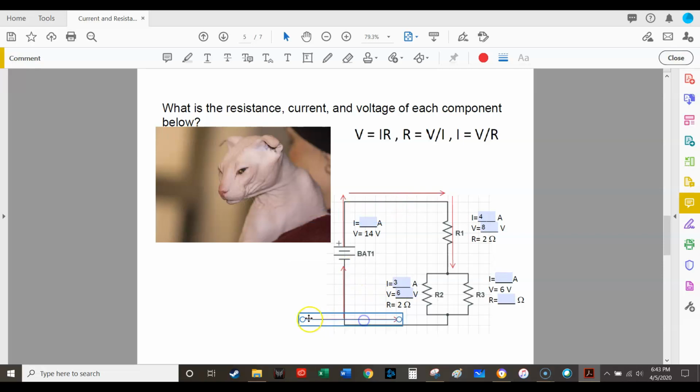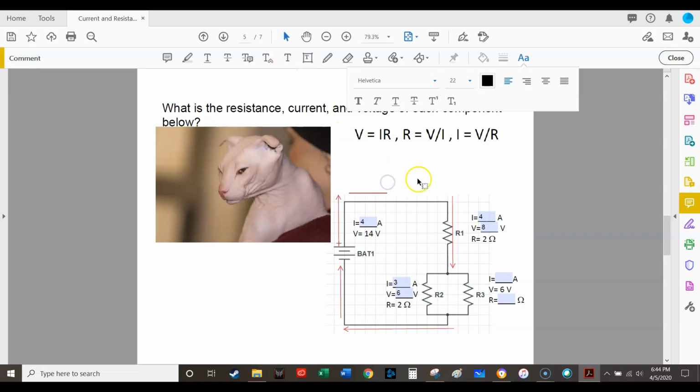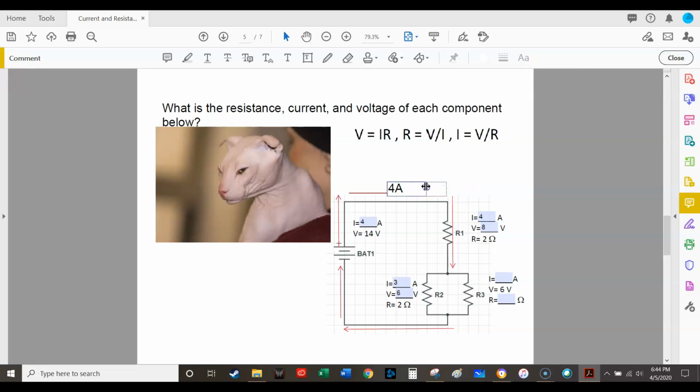And we also know there's going to be one wire coming back in after we get to the junction. So basically, this red current is leaving the battery and coming across R1. It only had one path to take, and we know that's 4 amps. That means this has to be 4 amps. This red represents 4 amps.